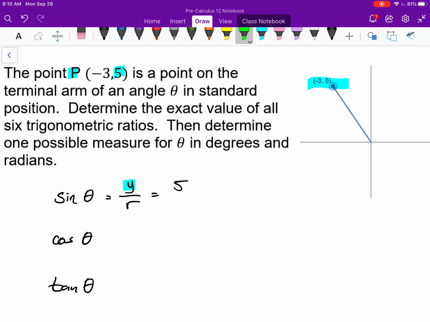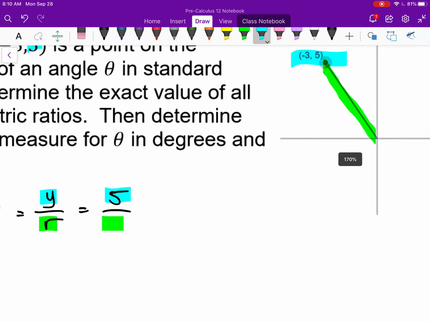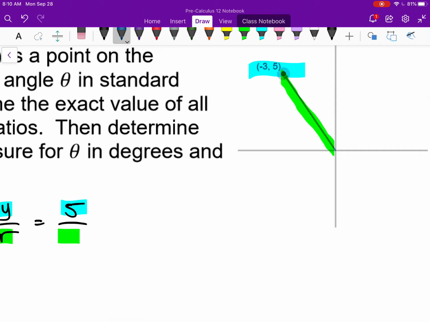And so r is the distance from that point to the origin. The distance I'm highlighting in green. And so how do I figure that out? Well, I can use the Pythagorean theorem. I can imagine there being a little right triangle right here, where I don't know what r is, but I know the height is 5 and the horizontal distance is 3.